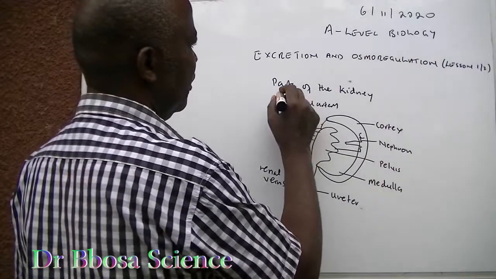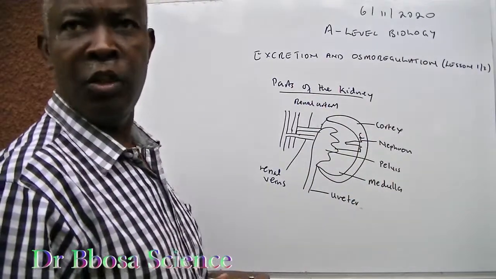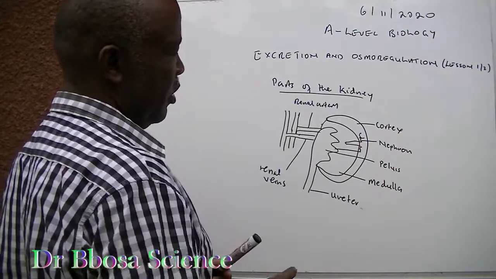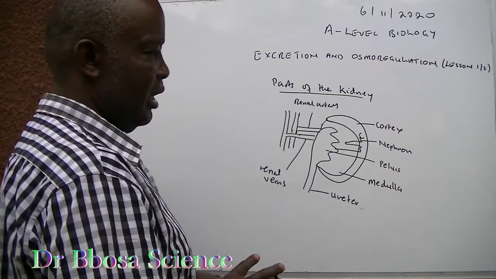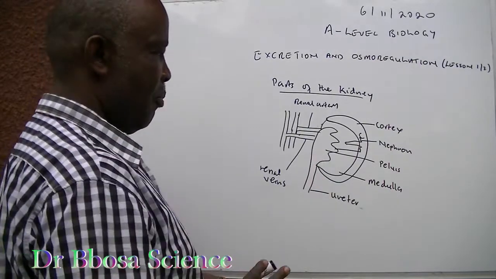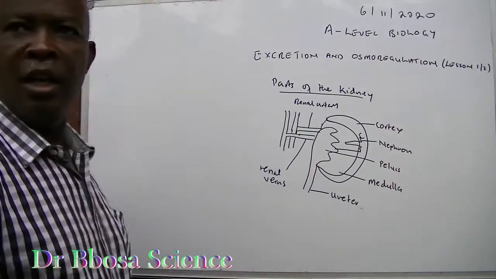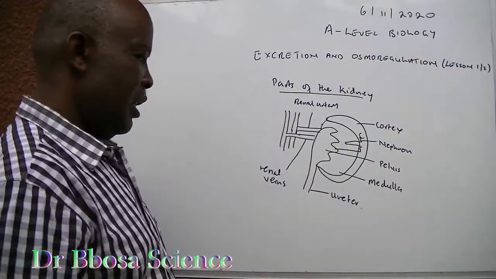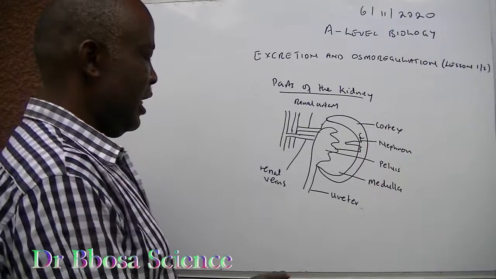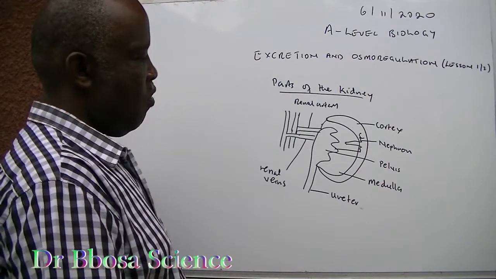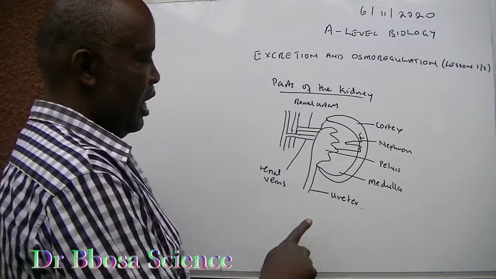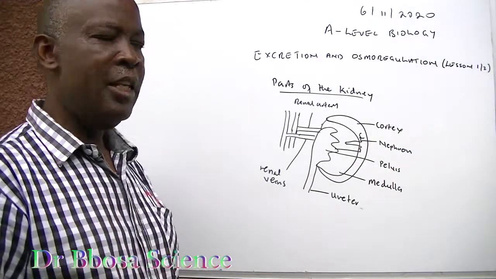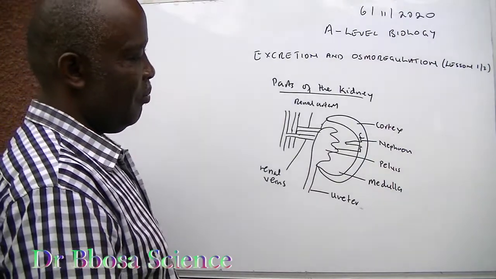Parts of the kidney include the cortex, outer layer, the medulla, inner layer, then the pelvis. The blood vessel that supplies the kidney is the renal artery. The blood vessel that drains the kidney is the renal vein. Then the ureter drains urine from the kidney to the bladder.